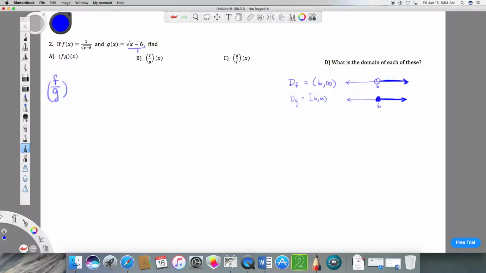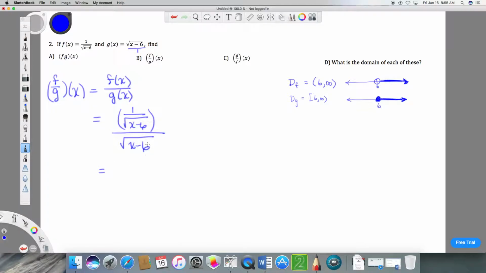So the title, this f over g of x, is a nice title because it tells us to take the function f and divide it by the function g. So the function f is itself a fraction, and the function g.